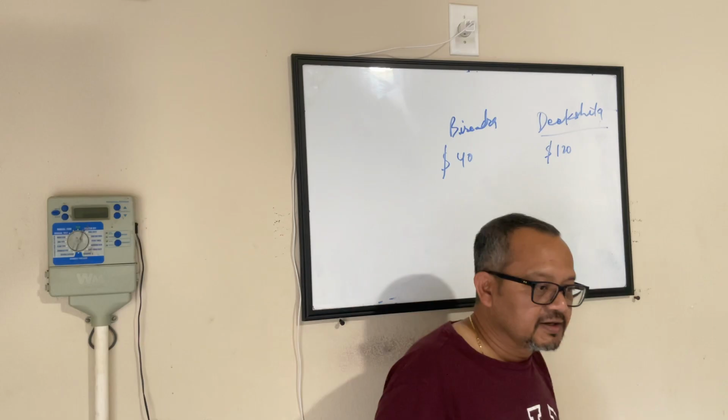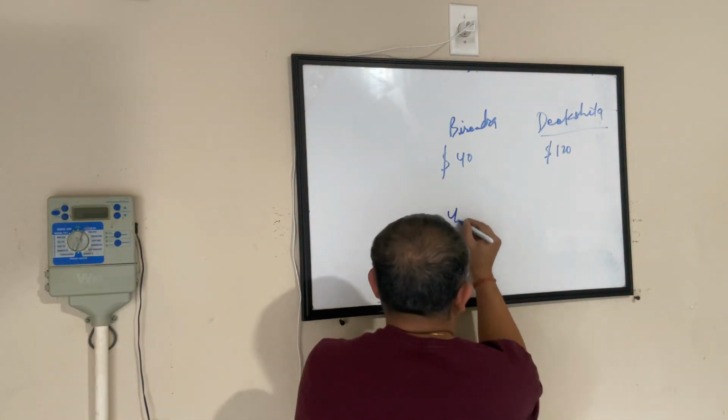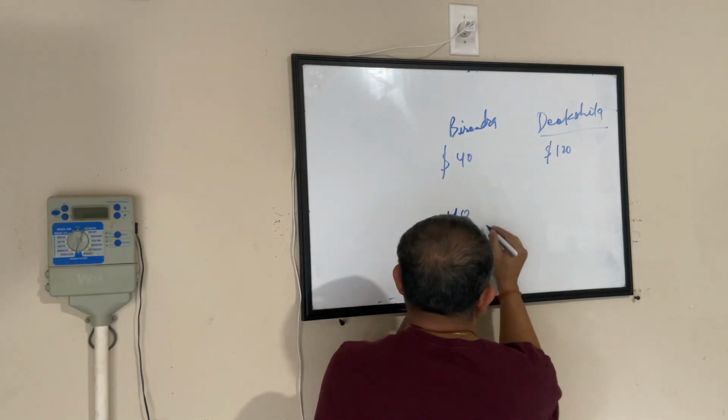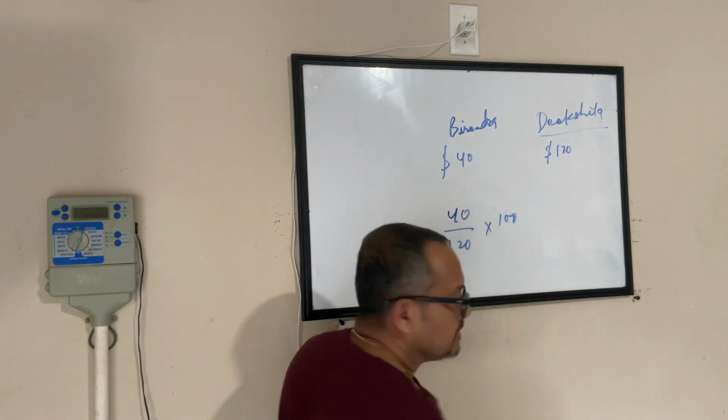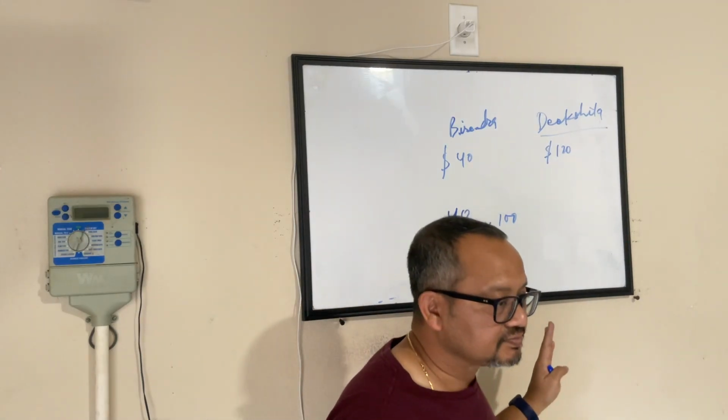How did you get that? Because when I divide 40 by 120 into 100, this is what will give you 33% or 33.33% or whatever it is.